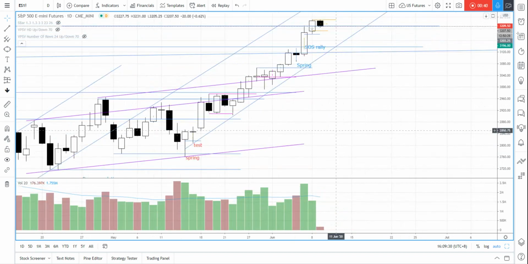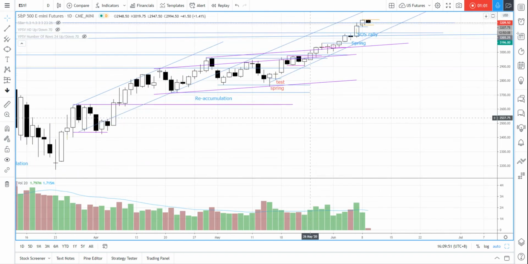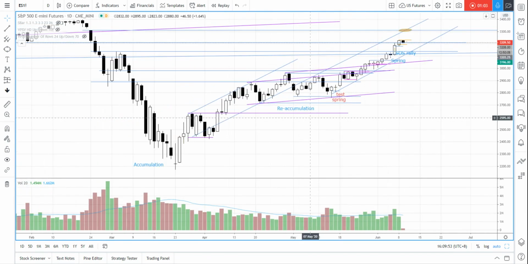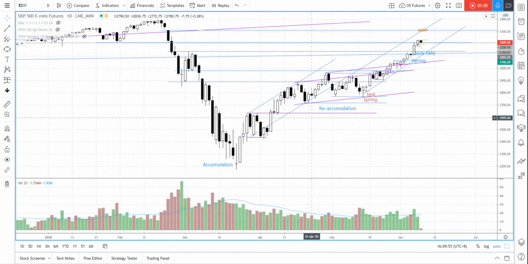As you can see on this daily chart for the S&P 500, yesterday was a bullish day, but the range was relatively tight. But just look at the volume here. The volume is still considered quite high, so that suggests that we still have the presence of supply. One important thing is that we are still within the resistance area at 3210, which is the axis line here.